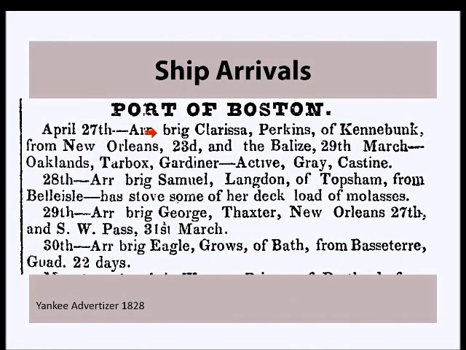If you have an ancestor who was a mariner, do check out the seaport newspapers and their advertisements of what ships arrived and what those ships were carrying. This is for the Port of Boston, and it talks about the format for these: the arrival of the brig Clarissa, that's the name of the ship.